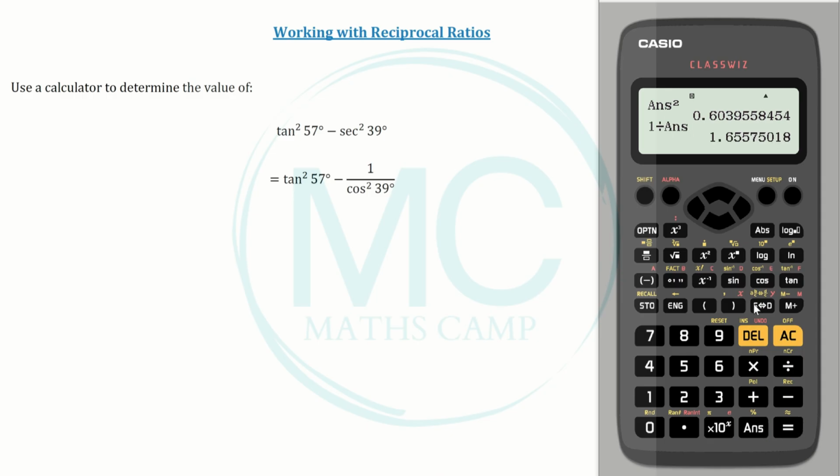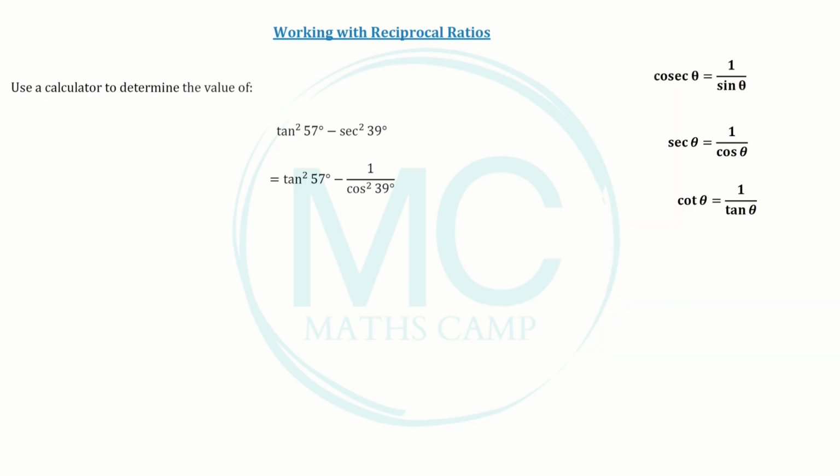And finally, we can say tan 57 degrees squared minus our answer for our fraction, and we get 0,715. Let's round off to 2 decimal places, and we get an answer of 0,72.